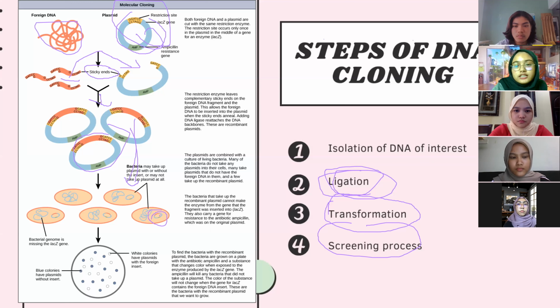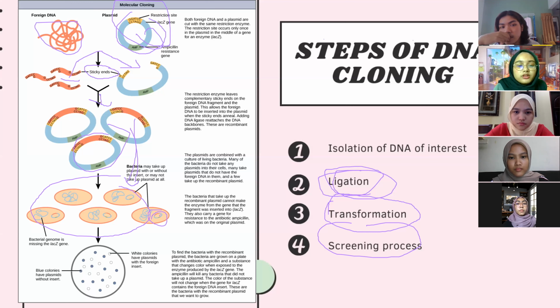In the selection or screening process, the solution containing both the bacteria and the plasmid is poured into an agar that has nutrients and also ampicillin, which is an antibiotic.